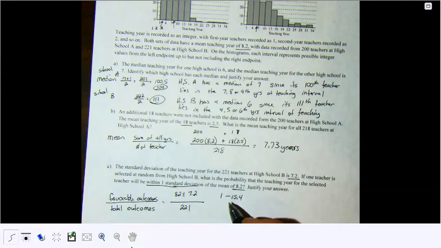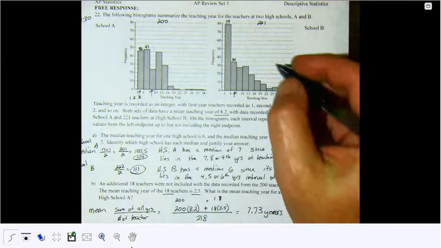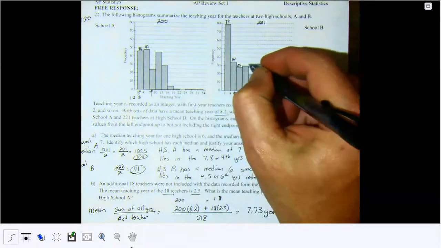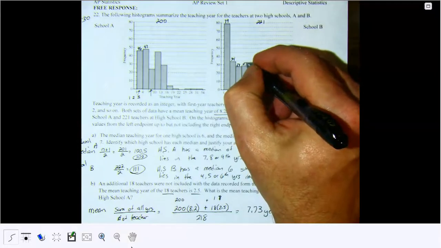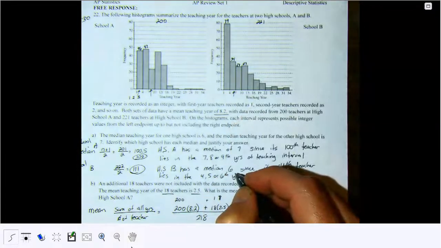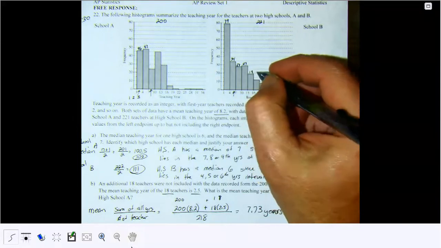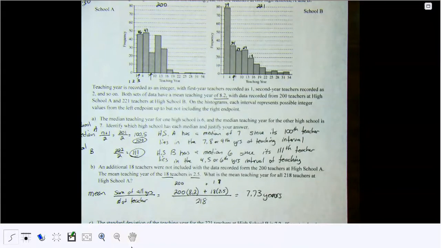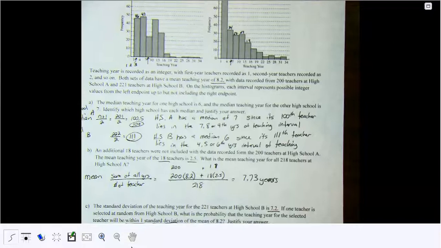So we're talking about 1 to 15. We're going to have to come back up here and estimate that there are 28 in 7 to 10, there are 29 in 10 to 13, and then there are 19 in 13 to 16, because 13, 14, and 15, because 16 moves on up.